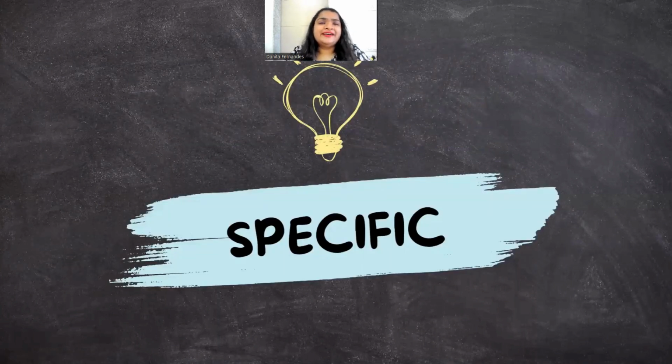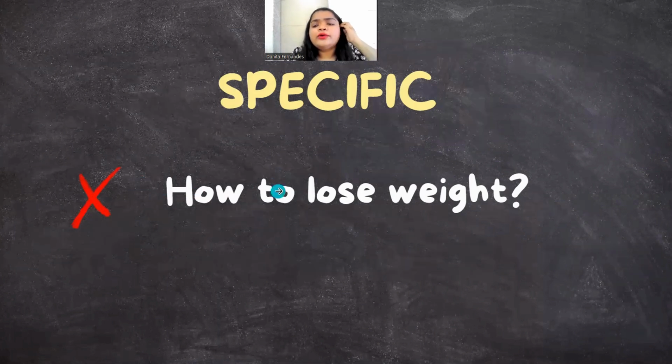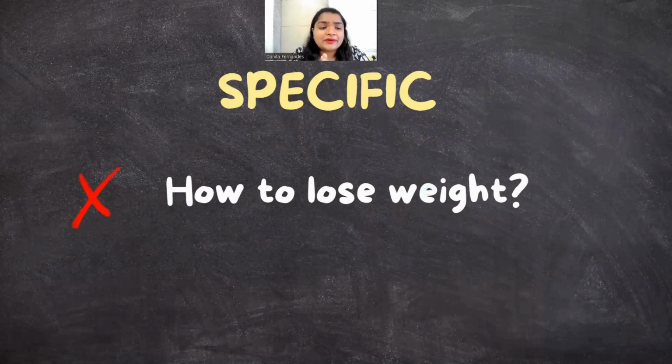Specific. How do we make our headlines more specific? Suppose you're writing a headline for a weight loss blog or a coach or something like that. And your headline is how to lose weight. Now, how do you make this headline better?